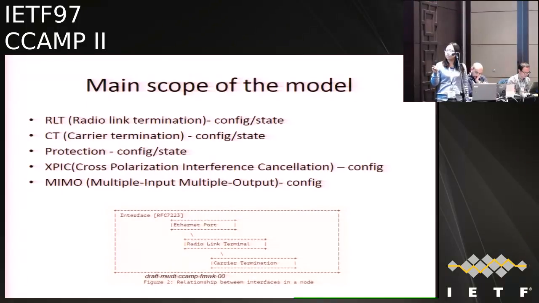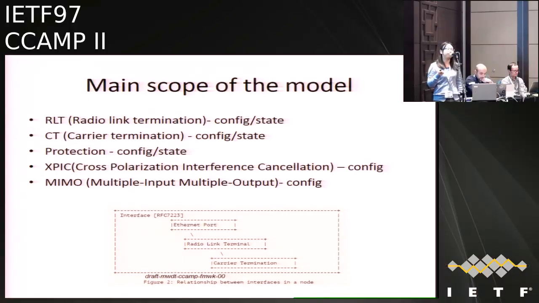So for the structure of this YANG model, we will have how to configure these two layers for microwave nodes, for both configuration and status. And we will also touch some specific applications which are widely used in microwave technology, for example, protection. This is the radio protection, and also XPIC and MIMO.